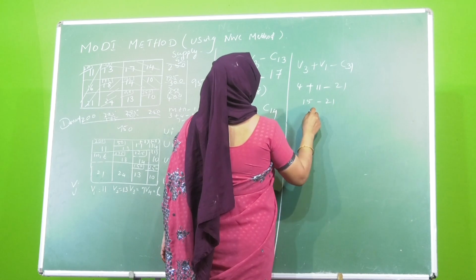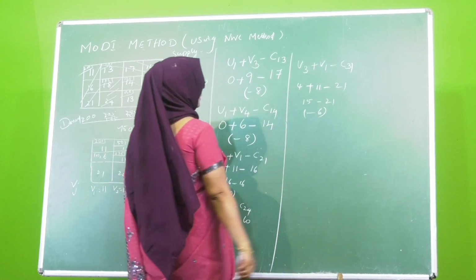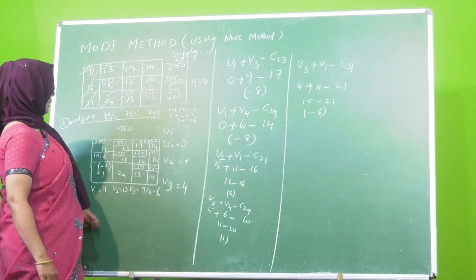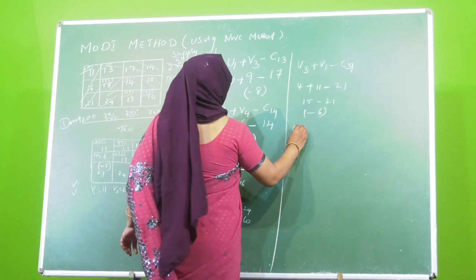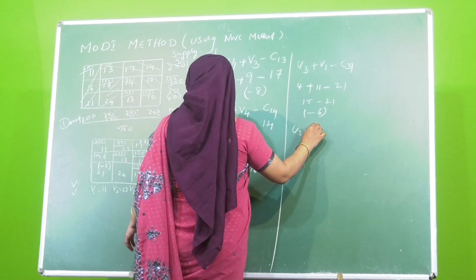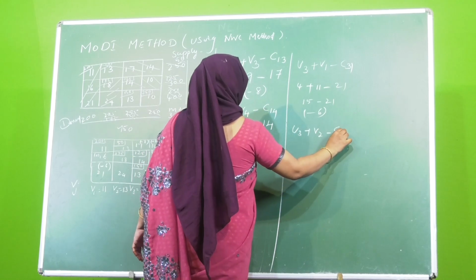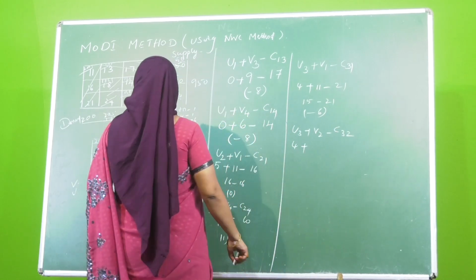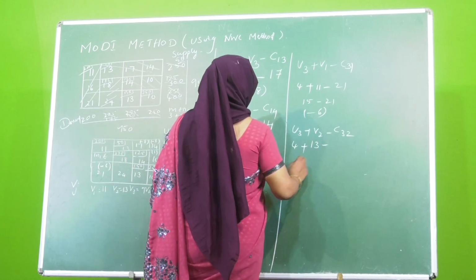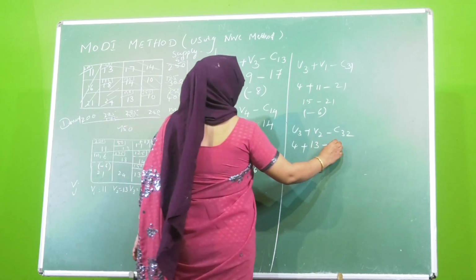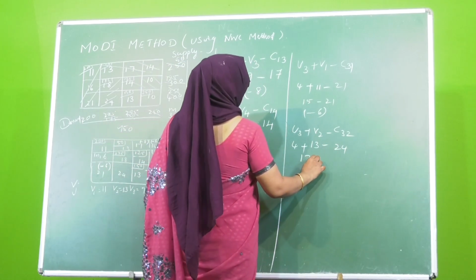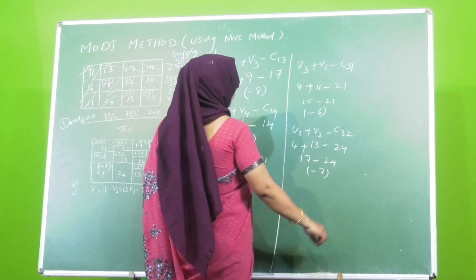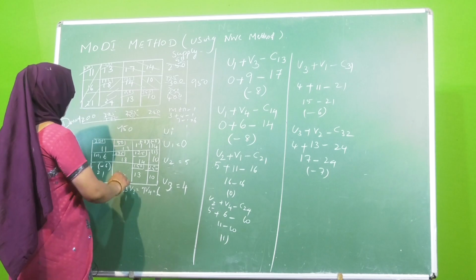That is 15 minus 21, which is minus 6. Next value: U3 plus V2 minus C32. U3 is 4 plus V2 13 minus C32 24. 17 minus 24 is minus 7.